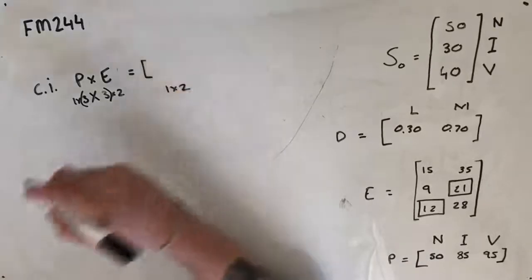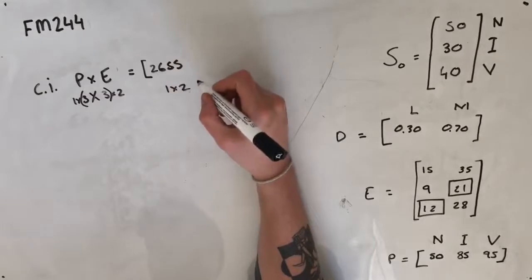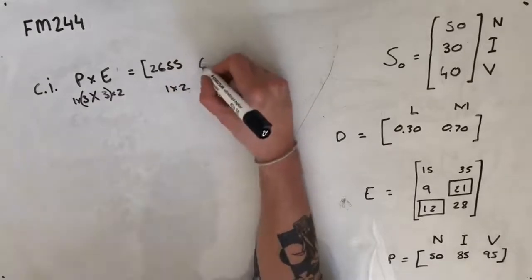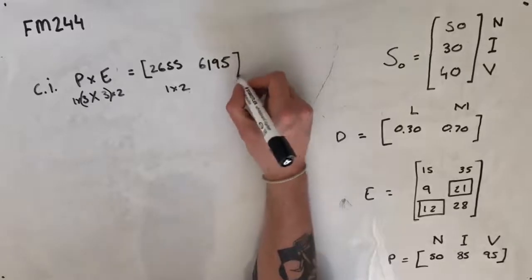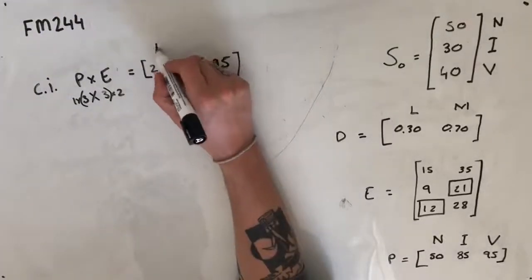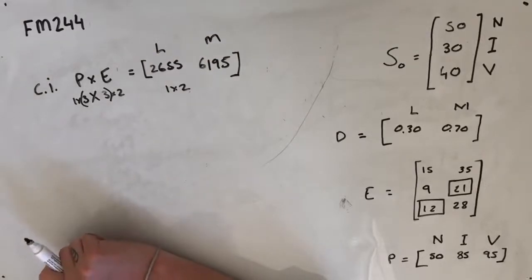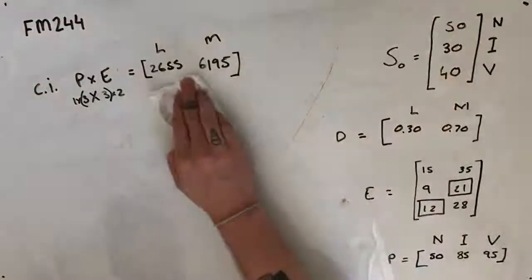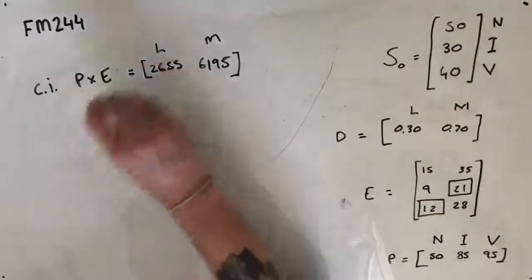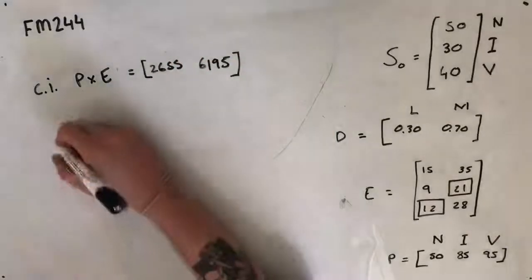And when we put these matrices together, we get answers of 2,655 and 6,195, which tell us Leo and McLovin's earnings for that month. So just to be clear here, this little calculation and answer is what we're looking for in this question.